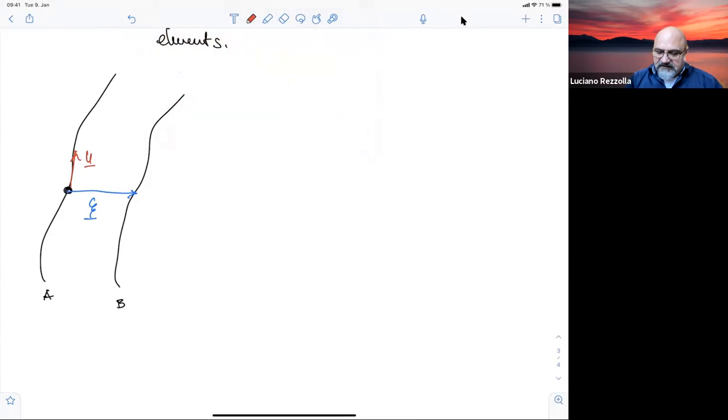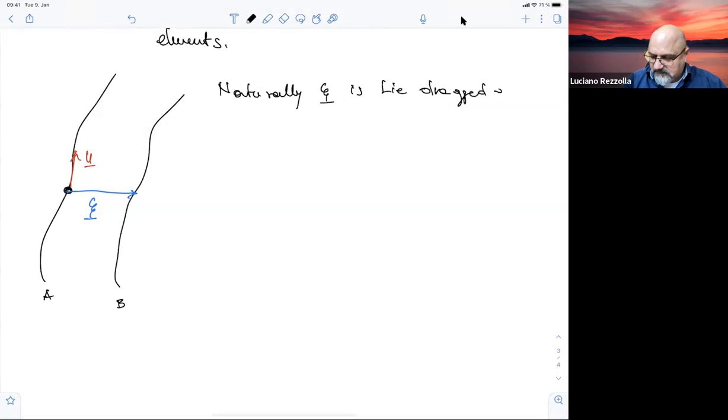Now, it's quite natural if you think about it. If you have two fluid elements, then the vector psi will be Lie dragged along U. So naturally, psi is Lie dragged along U. This is equivalent to saying that if I take the Lie derivative along U of psi, this has to be equal to 0.